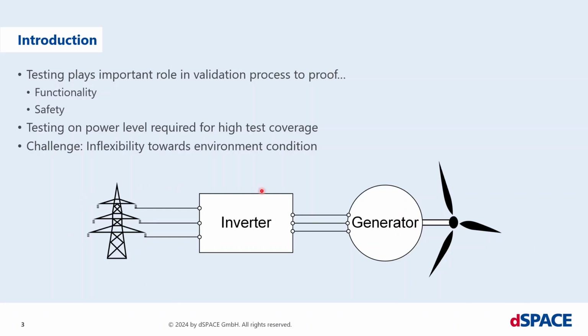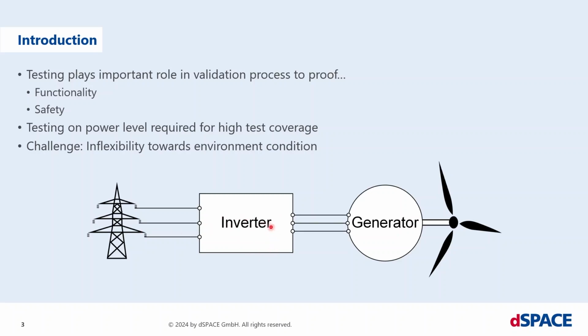Here in this picture, in the slide, you see the drivetrain of a wind power plant. On the right hand side, you see the wind turbine mechanically connected to a machine, which is named the generator, which generates our three-phase voltages. These voltages are fed via our device, a test inverter, directly to the grid.